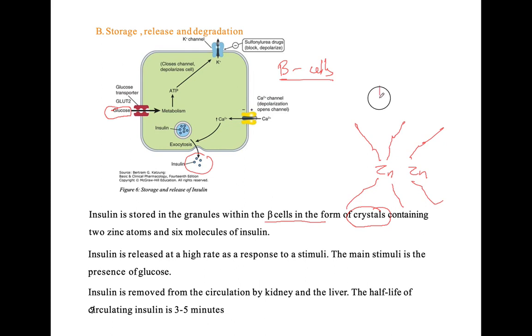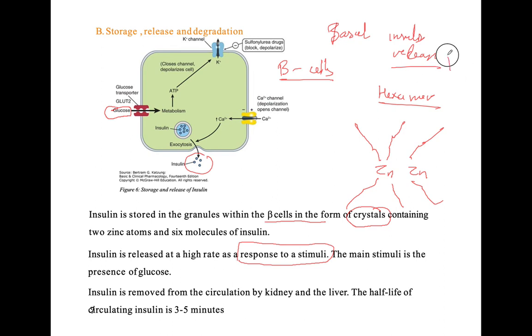So you are dealing with a hexamer. Now, insulin is going to be released at a high rate when there is a response to a stimuli. Okay, normally there's a basal insulin release. Okay, but in the presence of glucose, you have an increase of that release of insulin.